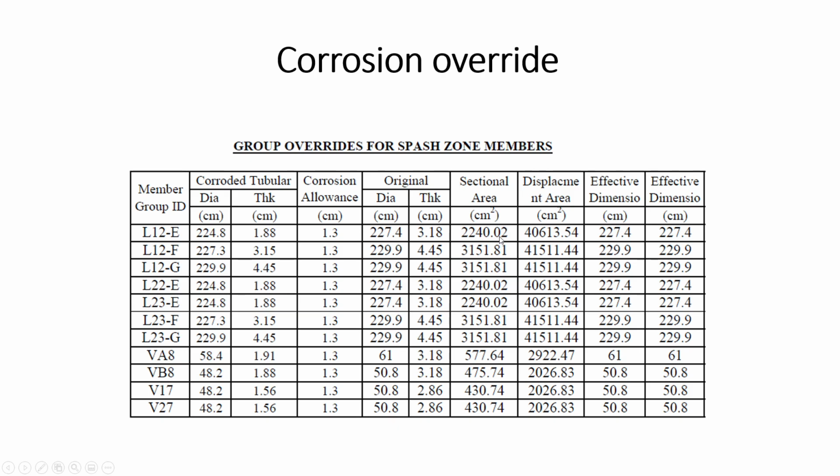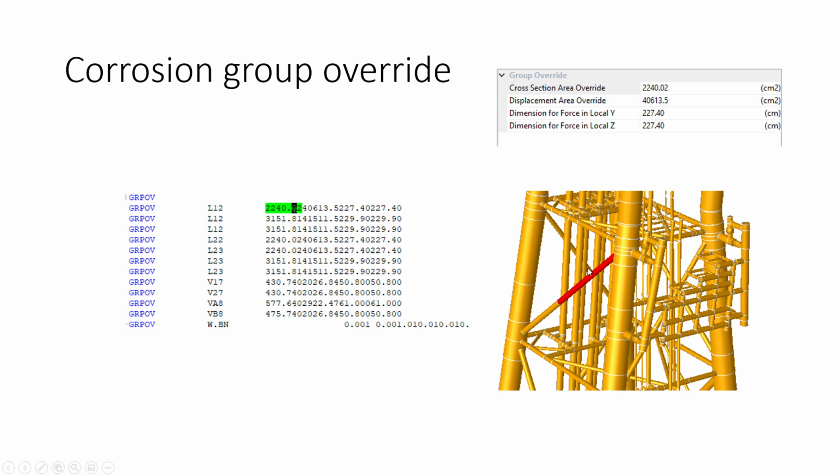This is the sectional area of that tubular, and this is the displacement. This is the effective dimension, 27.4, 27.4. This is the original. The original will be taken during the load purpose, but when we are analyzing, the reduced value will be taken. So how to do that? We have to click that member. Here there will be a group override.